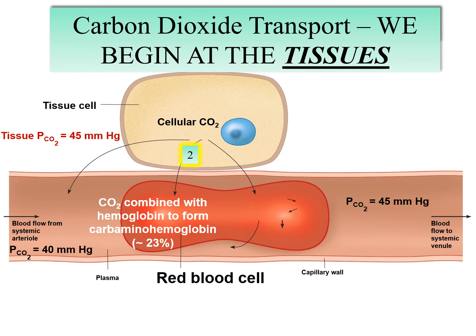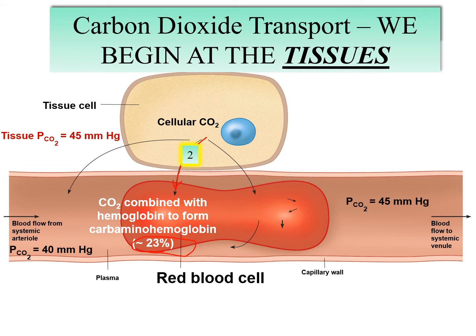A second mechanism by which CO2 is transported in the blood is shown here. So we have the diffusion of the CO2 from the tissue cell into the bloodstream, where about 23% of it will combine with hemoglobin. It doesn't bind where the oxygen binds, which remember was in the center of the heme group where the iron was.